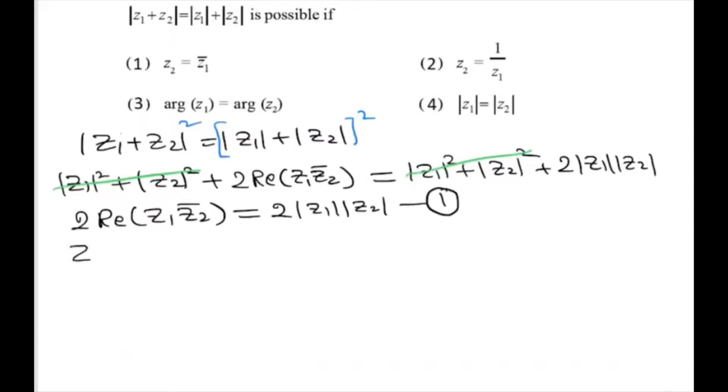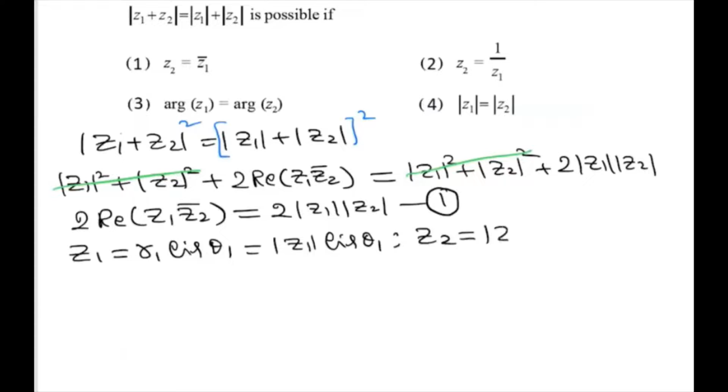Now we shall take z1 and z2 in polar form. Say that is r1 into cis of theta 1. Theta 1 is the argument of z1, which is same as modulus of z1 cis of theta 1. Similarly, z2 can be written as modulus of z2 into cis of theta 2. Theta 2 is the argument of z2.